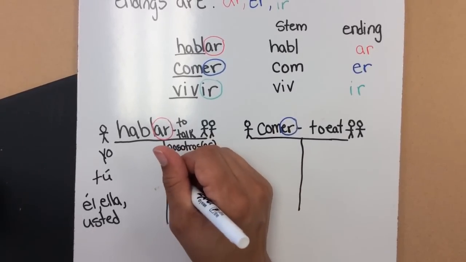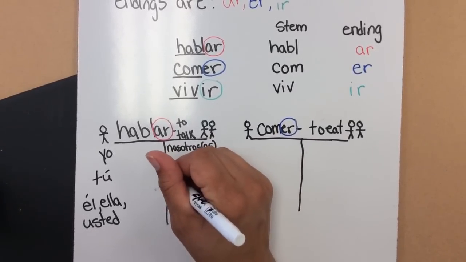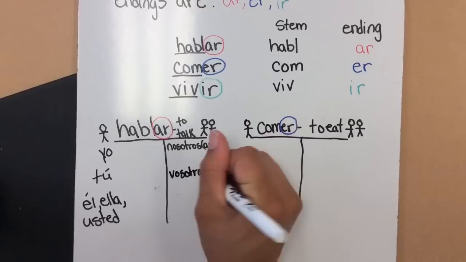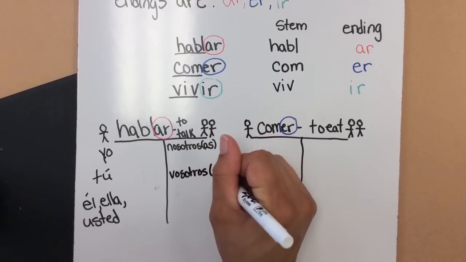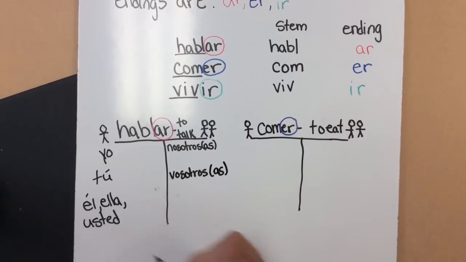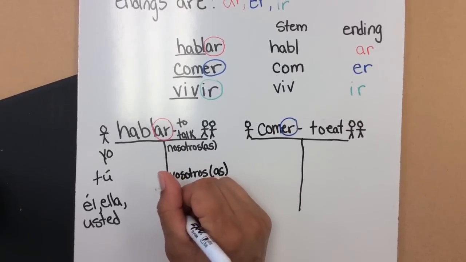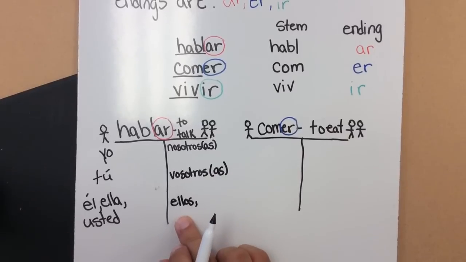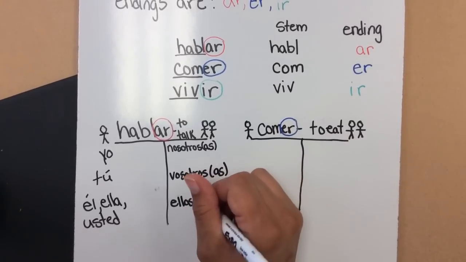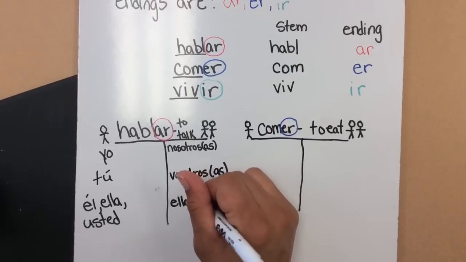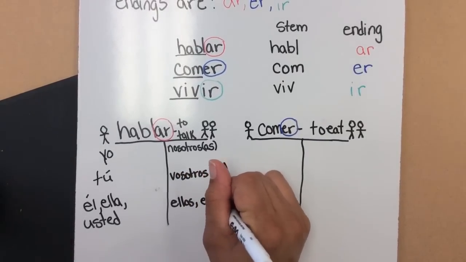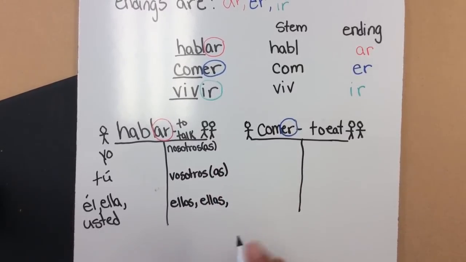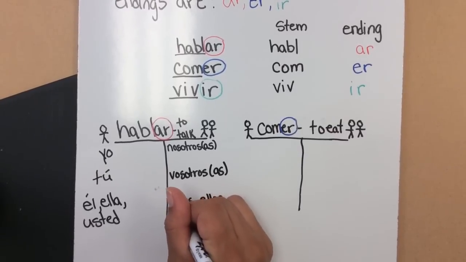For the second part, the you all, it is vosotros or vosotras. Then the plural of él is ellos. That is they masculine. Then you have they feminine, ellas. And then we have the you formal plural, which is ustedes.